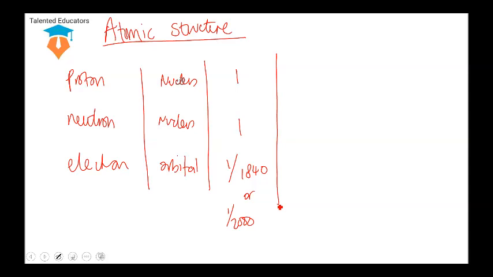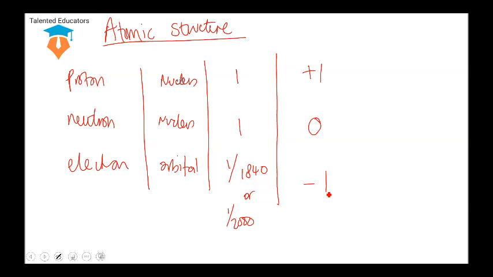It's just different books have different masses of the electron, but it's all the same. I think they just probably rounded up differently. Anyhow, what you need to know is electrons are very small. The relative charge, we know proton is +1, neutron is neutral, and electron is -1.